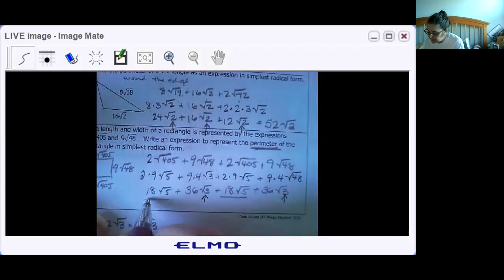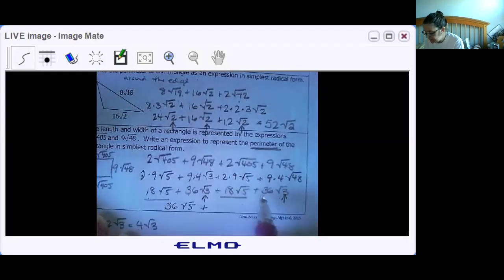So I'm going to do 18 plus 18 and get 36 square root 5. And then I'm going to do 36 plus 36 and get 72 square root 3. Now, this is in its simplest radical form because I cannot combine something that has the square root of 5 with something that has the square root of 3.